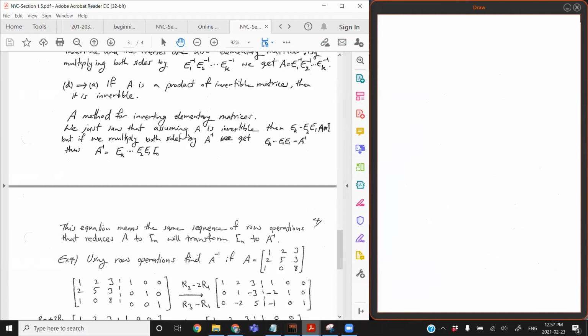Now, the spin-off from this theorem is that method I was talking about, the method of inverting elementary matrices.